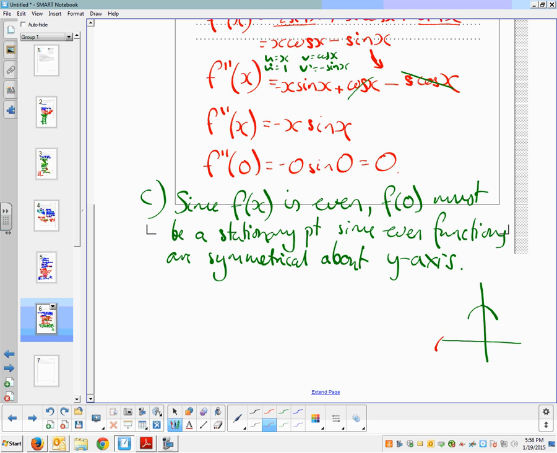It doesn't matter what's going on here; if it's a local minimum, it must be the same on the other side, you get the idea. Whatever's going on here, it must be a reflection, it can't possibly be a point of inflection.